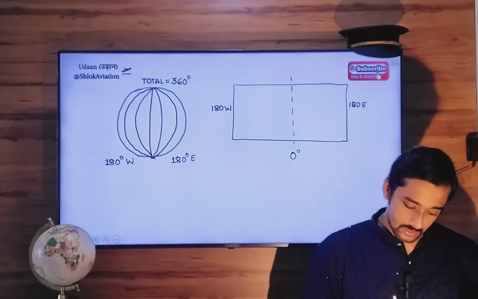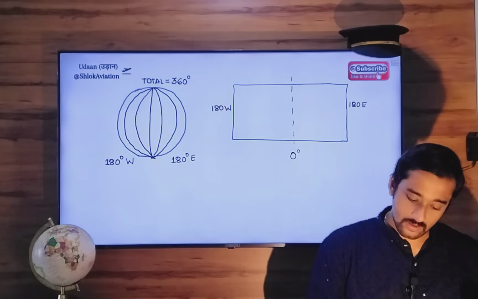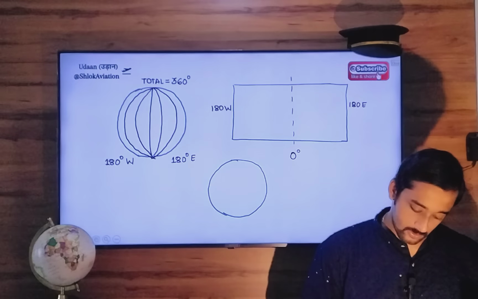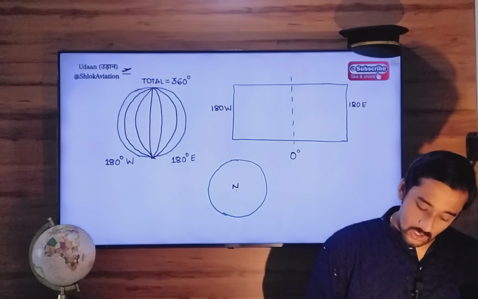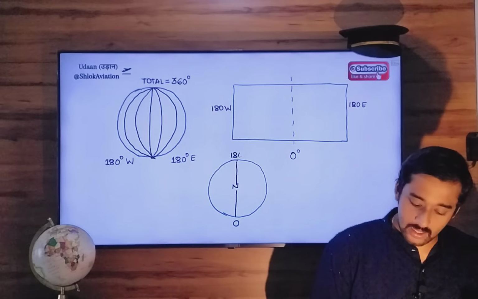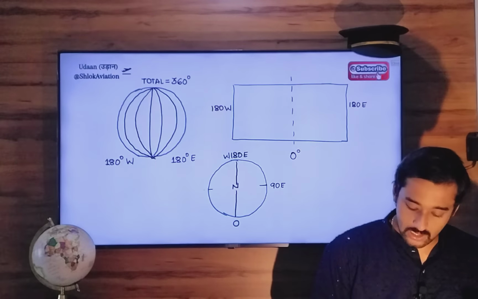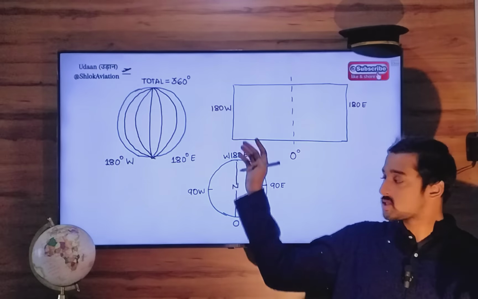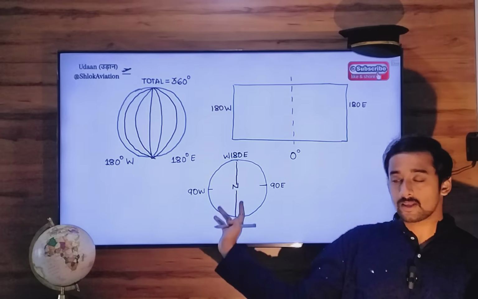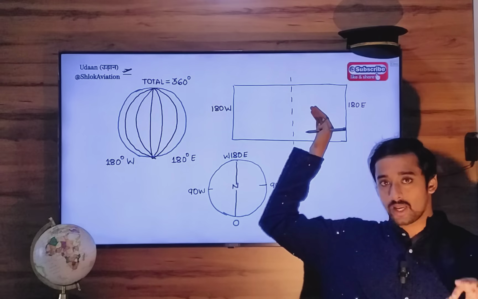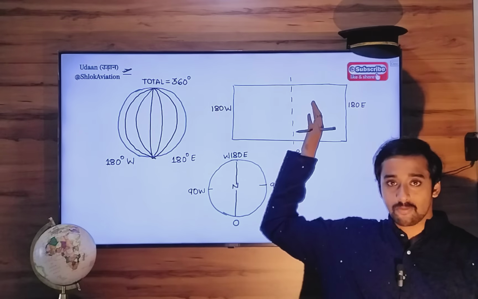Now let's say this is another form of the Earth. I am drawing the view of the Earth from the North Pole, from the top of the North Pole. So this is your North Pole. This will be your prime meridian, 0 degree, 180-degree anti-meridian, east and west, 90 east longitude, 90 west longitude. So, like I said, there are 180 meridians in the western hemisphere. So this is your western part of the Earth. Then another 180 meridians in the eastern part of the Earth.